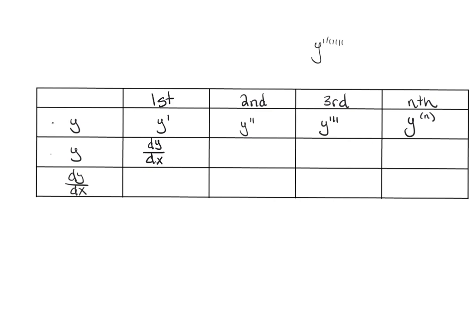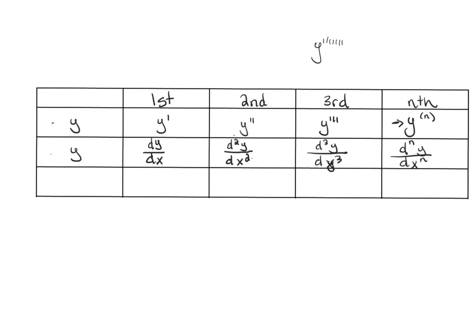When you take the second derivative, all of a sudden it's d squared y over dx squared, so the exponent on the d and the x. And then you can imagine the third derivative is d cubed y over dx cubed. Similar to this one, we'll have d to the n y over dx to the n.